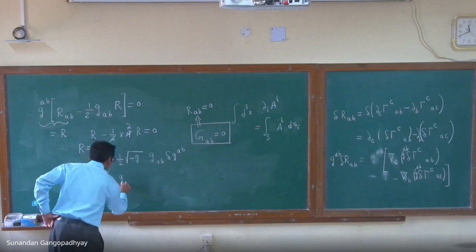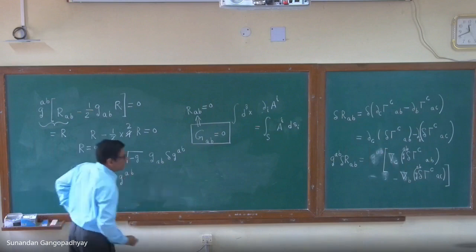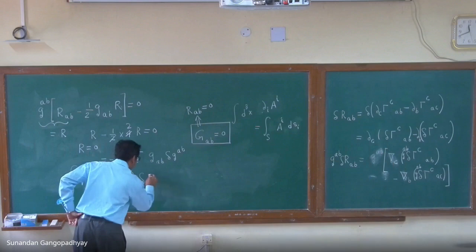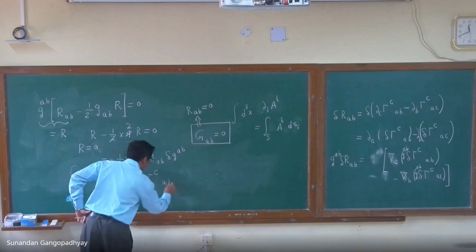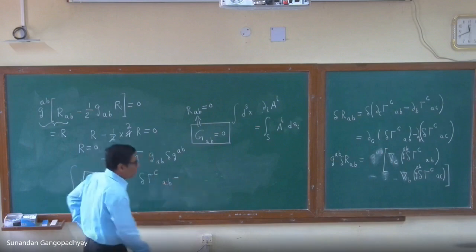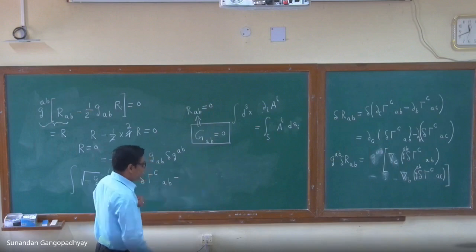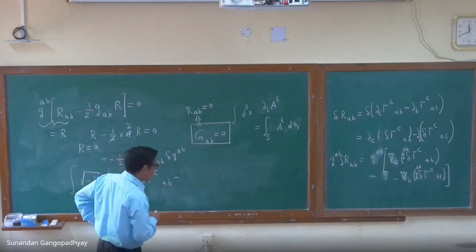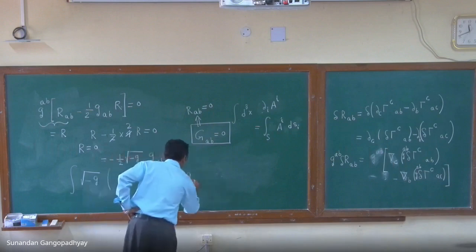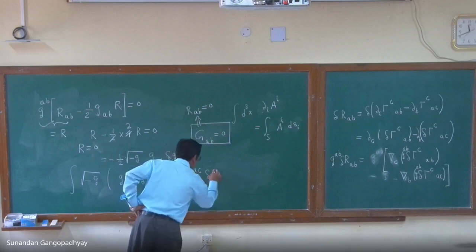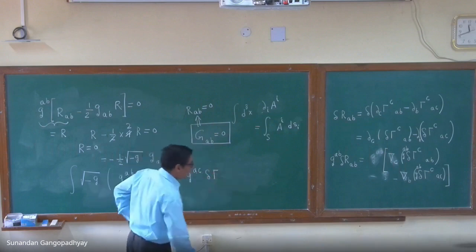It is that factor, g_AB delta gamma^c minus g. Here we have to be careful. We replace b by c, so it will be g_AC delta gamma^c, and we replace c by b.